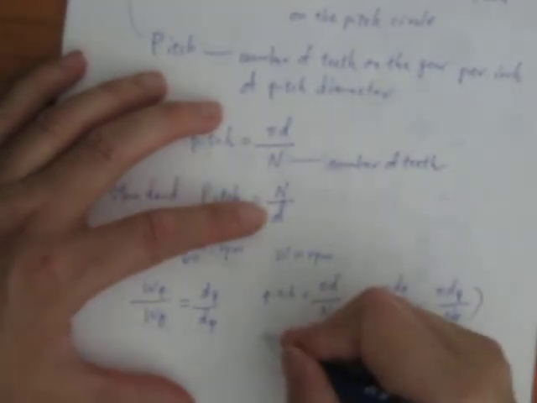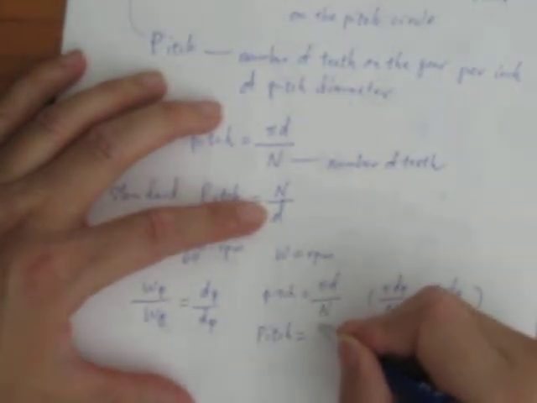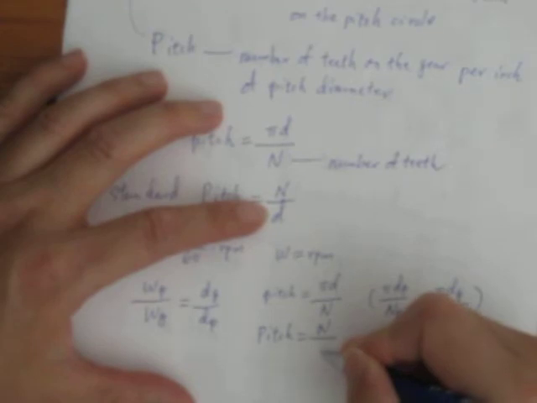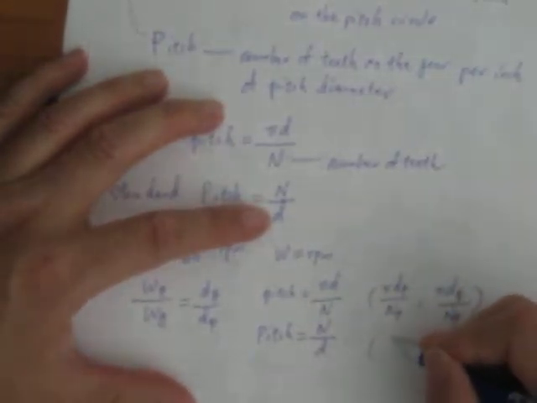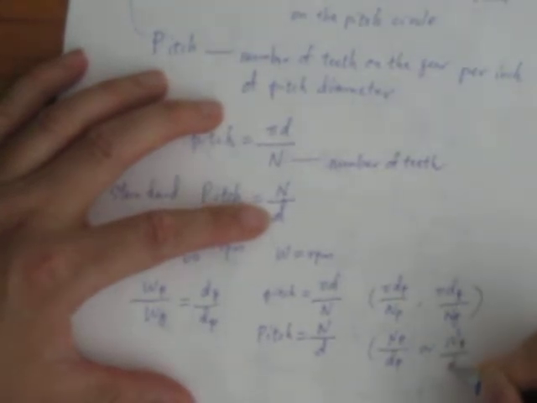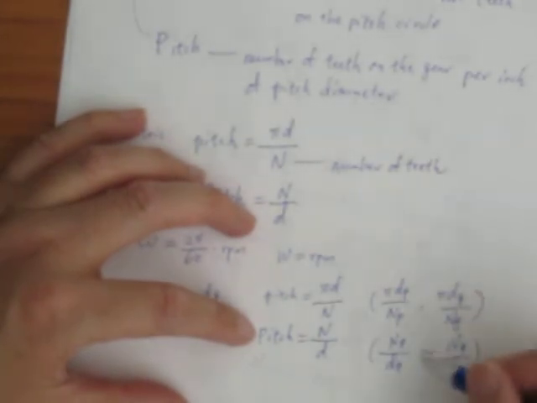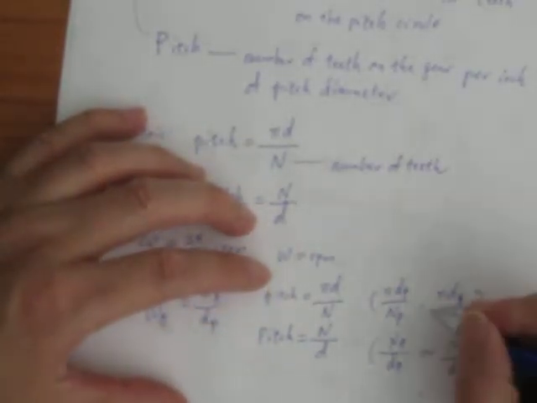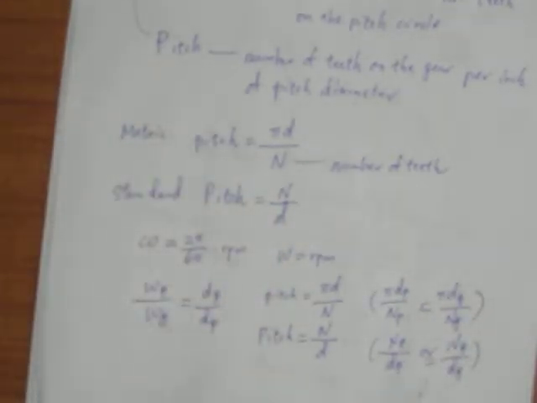Okay, and then standard pitch is equal to N over D. Again, you can have NP over DP or NG over DG. Now, this has to be the same. Those two have to be equal. Otherwise, we're going to have a problem. Okay, remember that. Those two have to be equal.